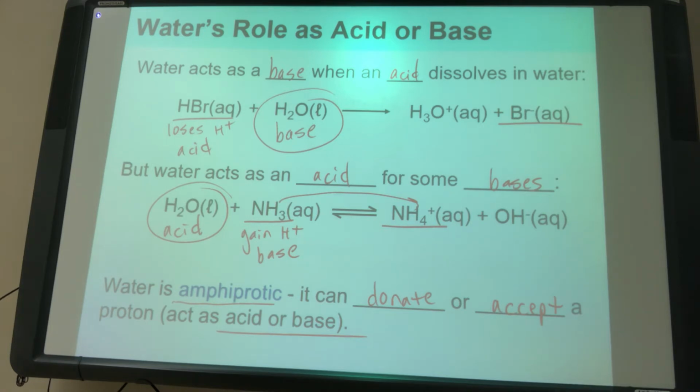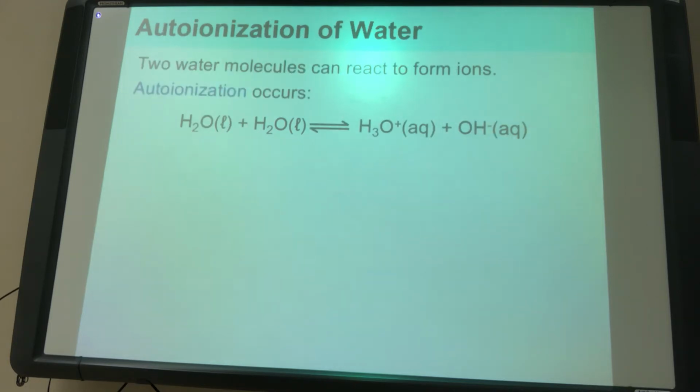All right, now let's look at something important that underlines our issues with everything being in water. Since everything is in water and water can act like an acid or a base, water molecules can actually react with each other.